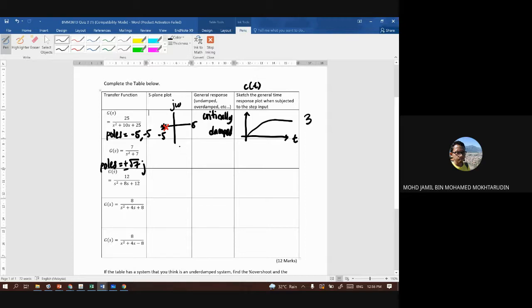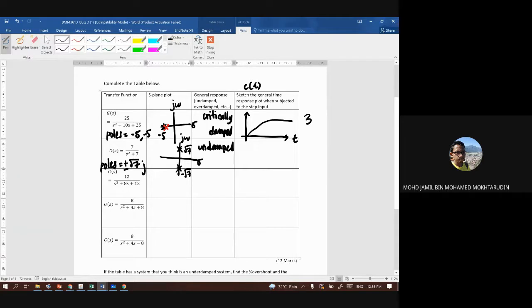If you sketch in the S-plane, it's located here and here, so square root 7 and minus square root 7. From lecture notes, it's an undamped system, so you don't need to calculate anything.